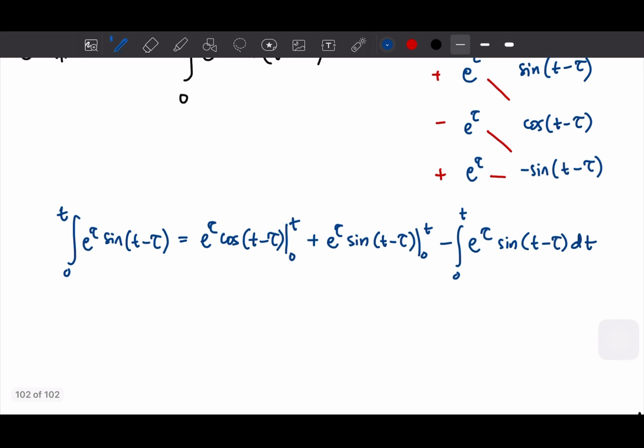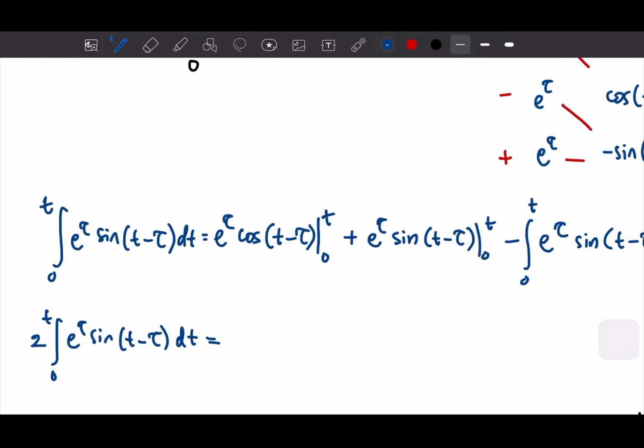Okay. This is e to the t, this is 0, oh wait, wrong.